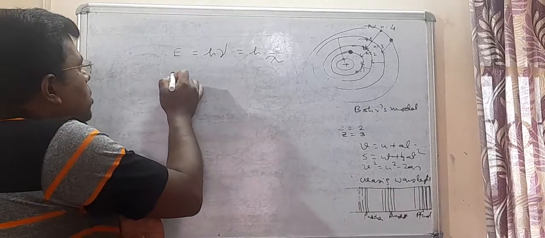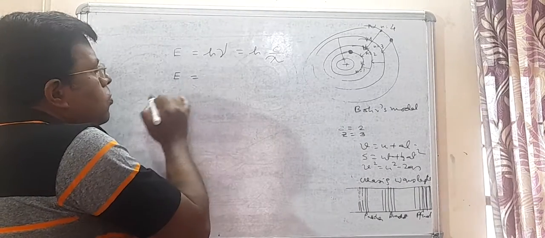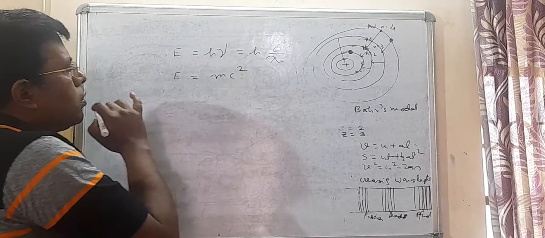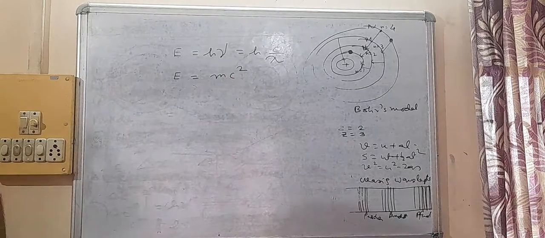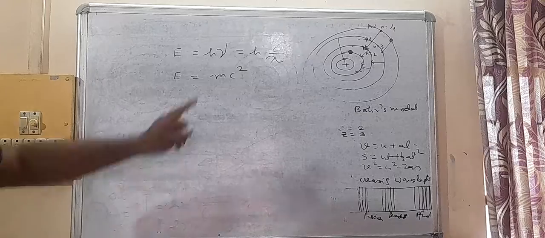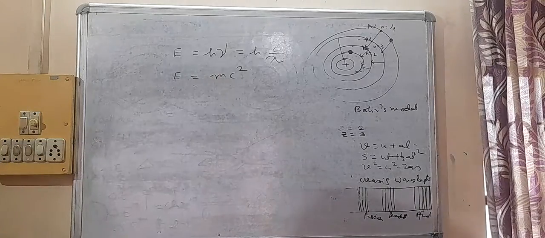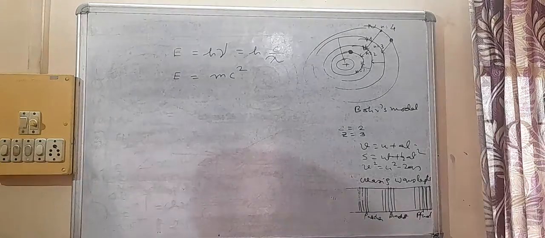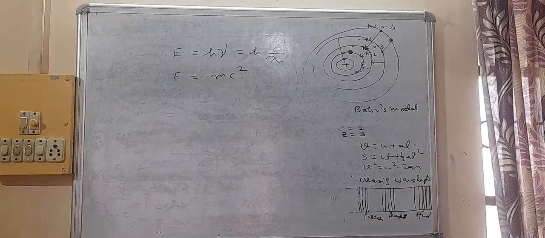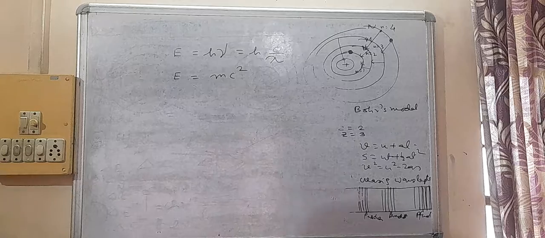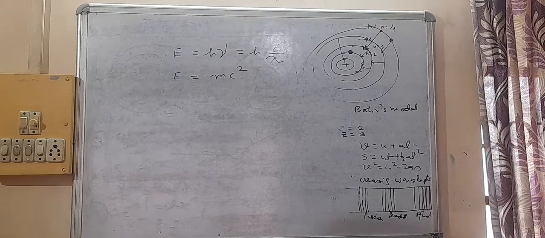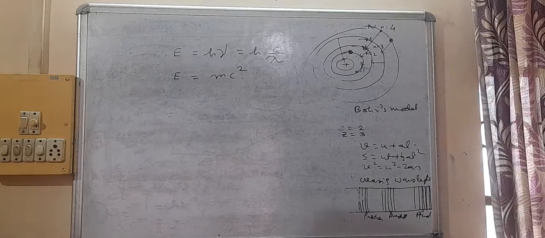And according to Einstein's theory of relativity, we also can write E is equal to m c squared, where m is the mass of the photon particle and c is the velocity of light. Photon is a special type of quantum. In case of light, the quantum is called photon.